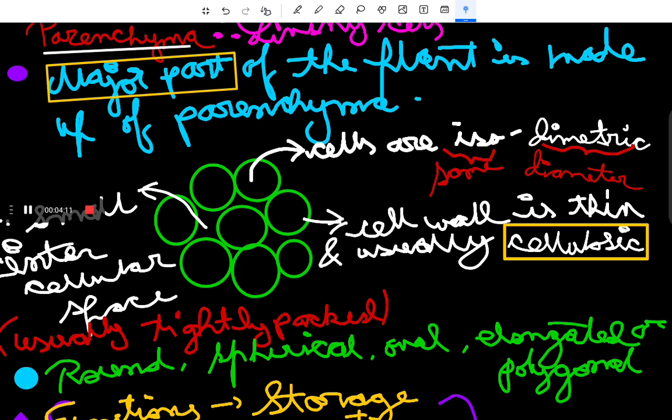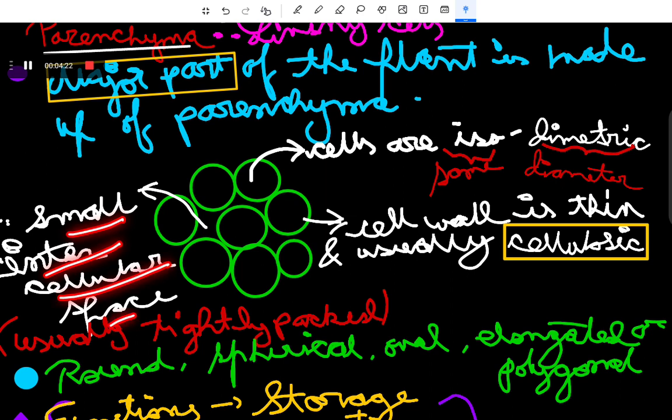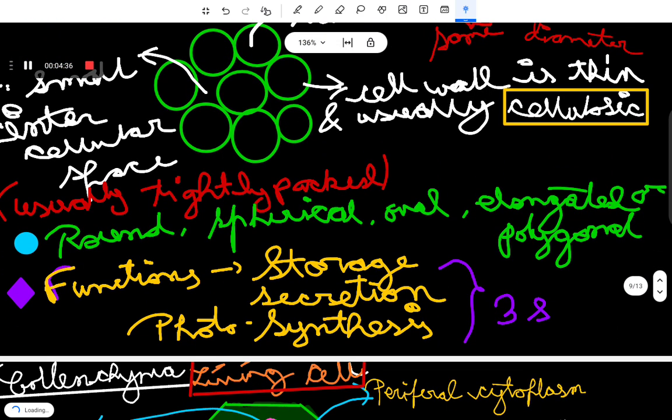Another thing, as they are round, there are small gaps present between them. So small intercellular spaces are present, but they are usually tightly packed. Though they are tightly packed, there are small gaps.